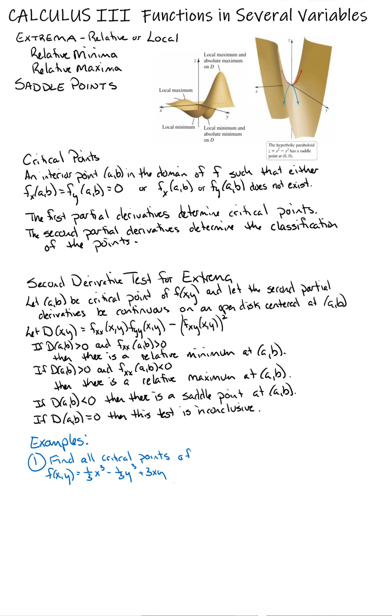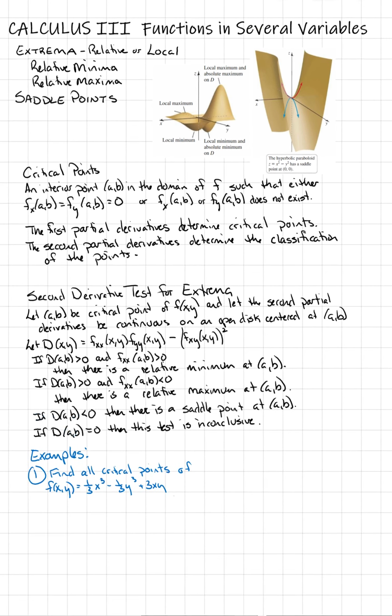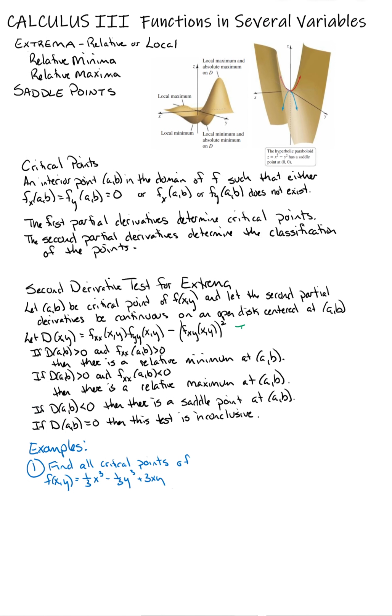What that is, just so you know, this is the discriminant of the matrix that's formed from those second partial derivatives, f sub xx, f sub xy, f sub yx, and f sub yy.